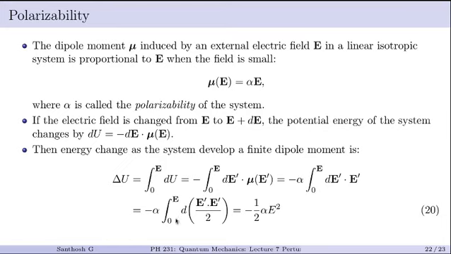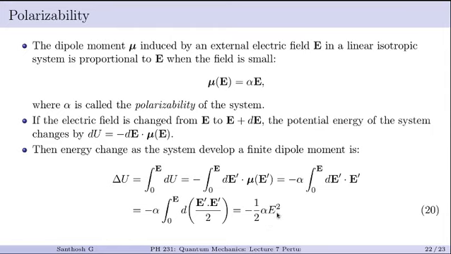Okay, so this is a perfect differential, and therefore the integral is given by the value of this function evaluated at the limits. Okay, so this is minus half alpha E square evaluated at E minus the same expression evaluated at 0, because at 0 this will be 0, and therefore this integral evaluates to minus half alpha E square.